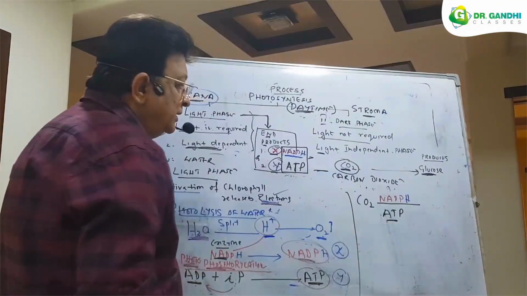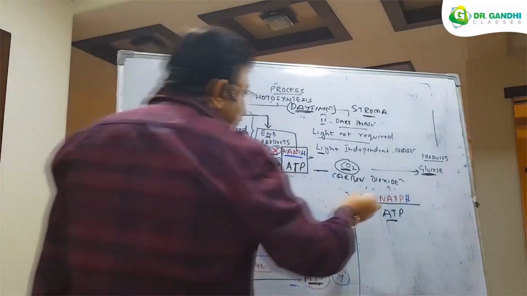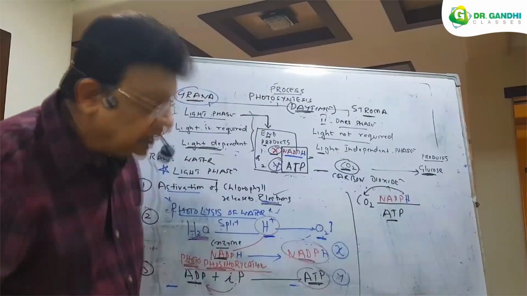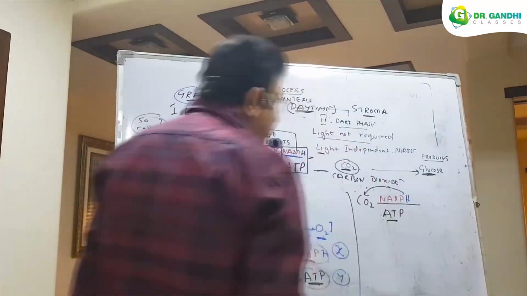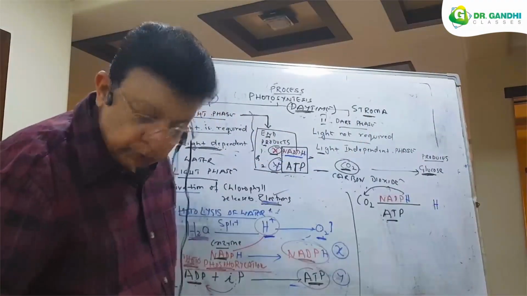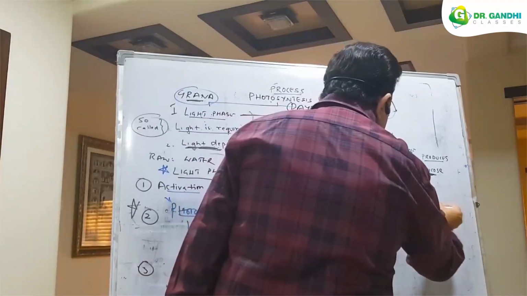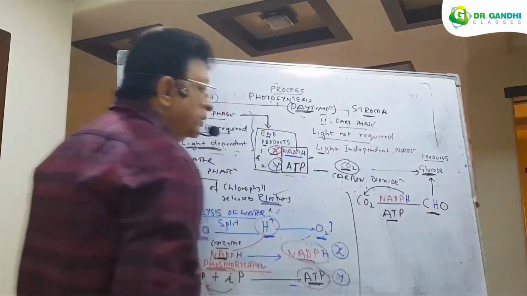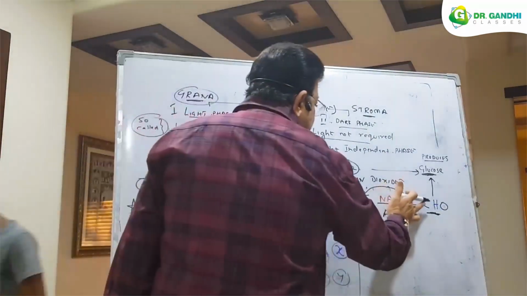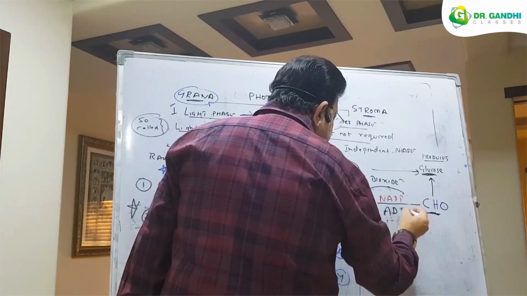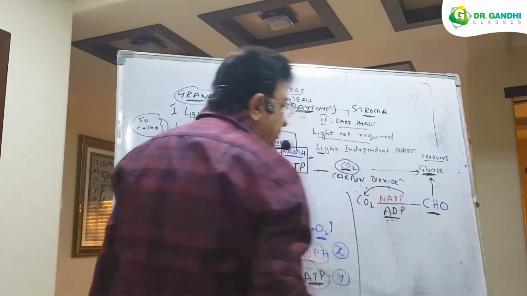What was it required for? For transferring the hydrogen to carbon dioxide. So with the help of energy, I am going to transfer the hydrogen to carbon dioxide, forming the basic molecular formula of glucose. So the hydrogen got transferred, and in this reaction, ATP became ADP.